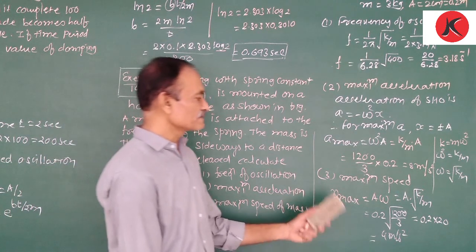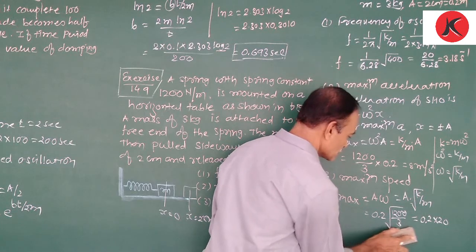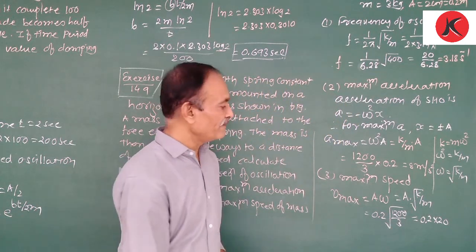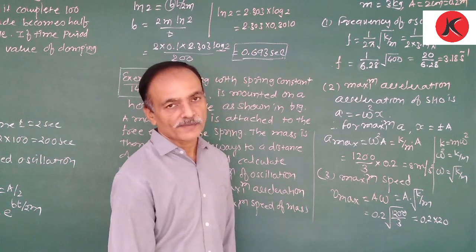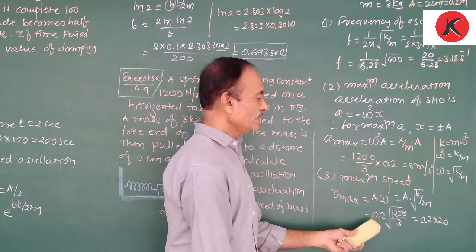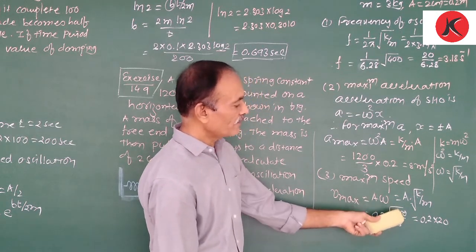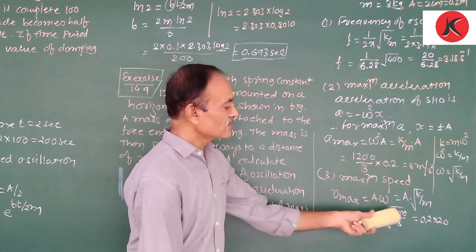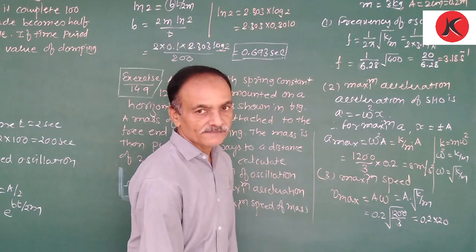Now the maximum speed. We know the equation of the maximum speed, V maximum is equal to A into omega. Therefore, A into under root of K upon m. A is 0.2, under root of 1200 by 3, therefore under root of 400. Now the square root of 400 is 20.